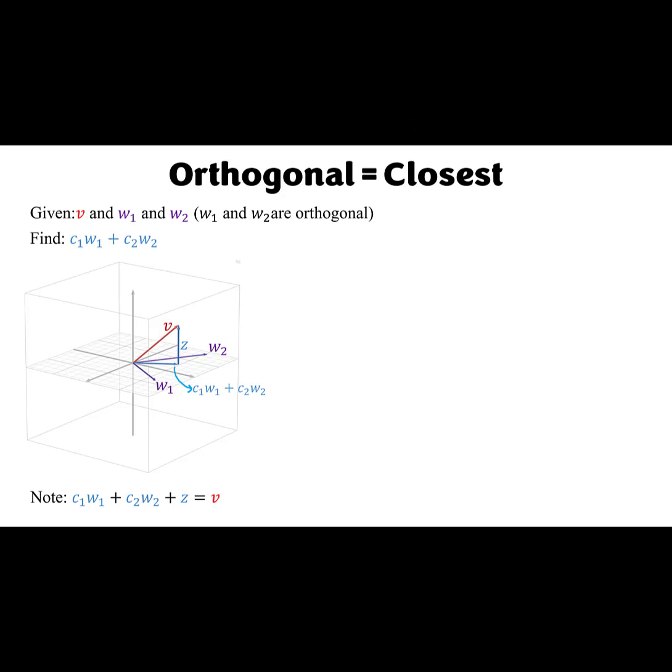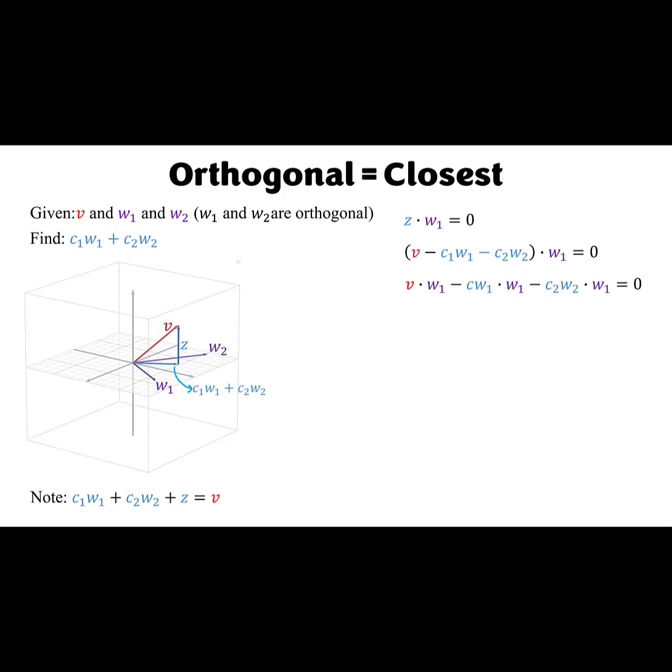And we can calculate the values of c1 and c2 by first noticing the fact that z dotted with w1 is 0. Right? z and w1 are orthogonal. So you can replace z with what it's equal to. Rearrange the bottom left equation that's noted there, solve for z and plug it in. And so that's v minus c1 w1 minus c2 w2.